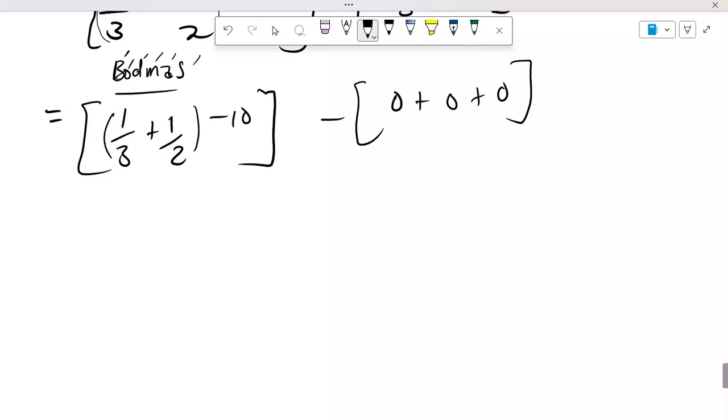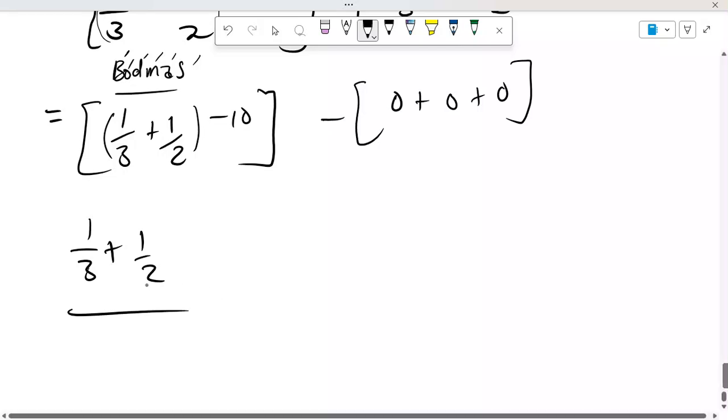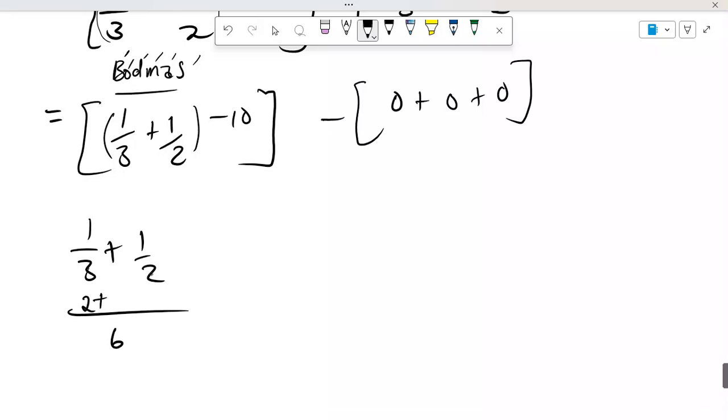We're following BODMAS. So 1 over 3 plus 1 over 2. For the common denominator, you just multiply 3 by 2, which is 6. 3 into 6, 2; 2 multiplied by 1 is 2, plus 2 into 6, 3; 3 multiplied by 1 is 3.